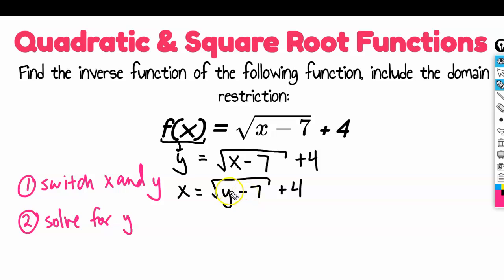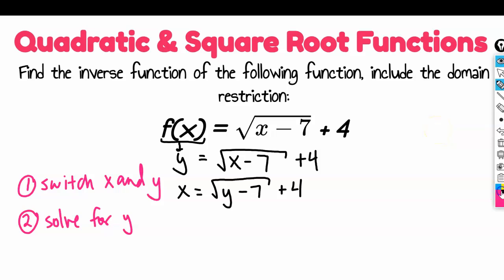Wait, y minus 7, outside of that, there's a square root. So that's in the way of the minus 7. But wait, because then we have a plus 4. And that's also in the way. So when I get a variable alone, I have to work my way outside in, from the thing that's farthest away to the thing that's closest.